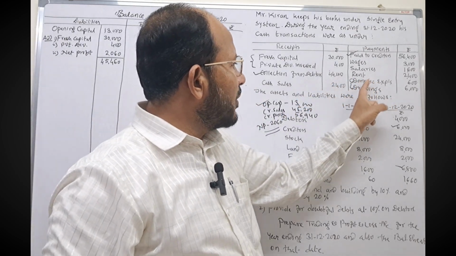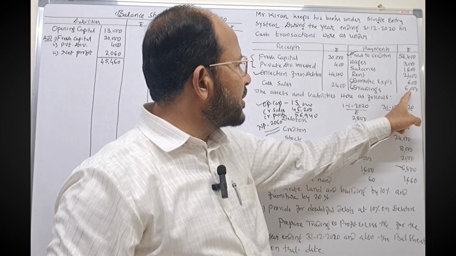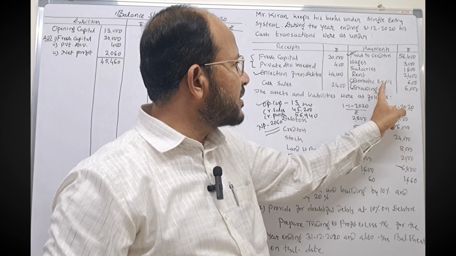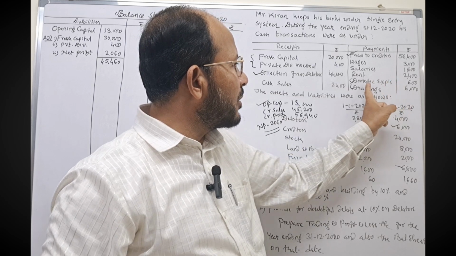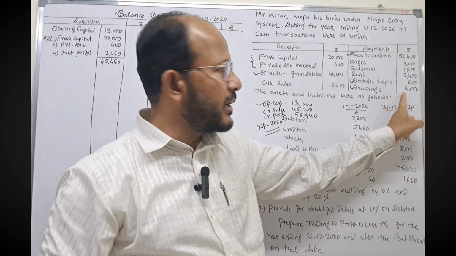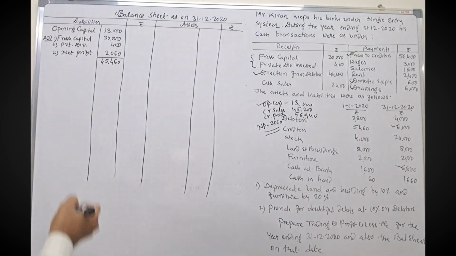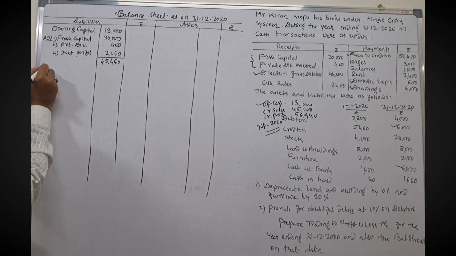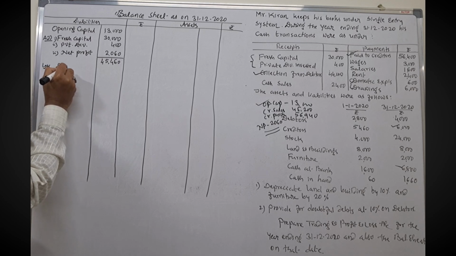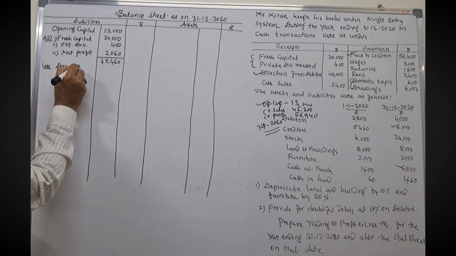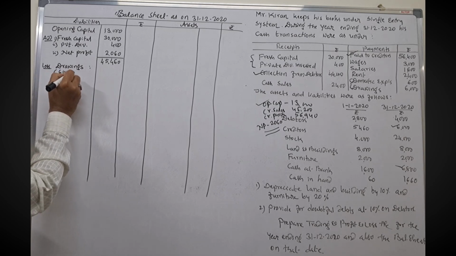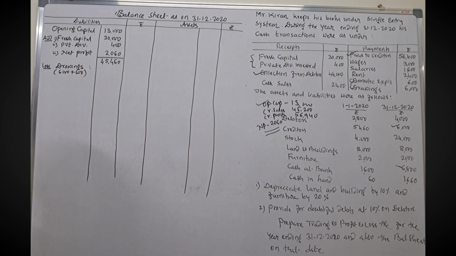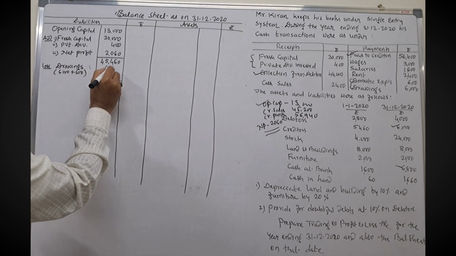What is the total amount of drawings? I told you drawings 6,000 plus whatever the expenses he incurred or whatever the amount he paid for meeting his private expenses, rupees 600. 6,600 is to be taken here. That is why here less drawings, 6,000 plus 600, total 6,600.